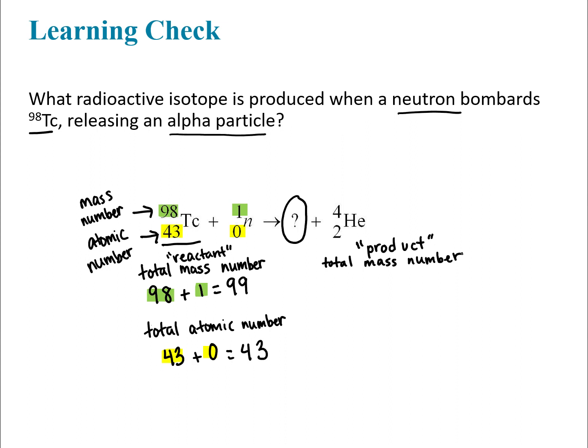The total mass number on the reactant side is 99. Has to be the same thing on the product side.